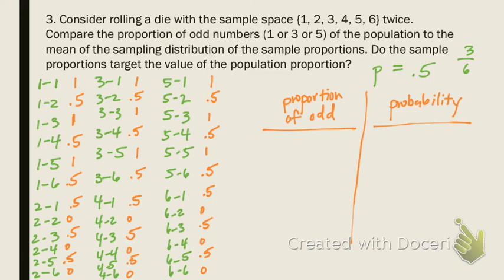Okay, from here, I'm going to list out what are my options. 0, 0.5, and then 1. And there's 36 total options, so out of 36. So count all the zeros.